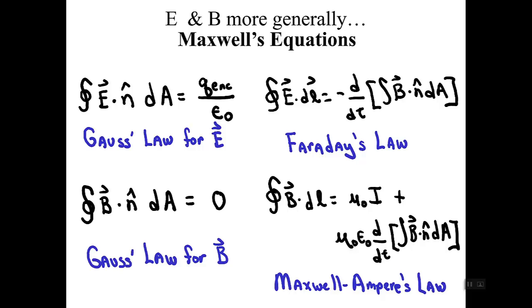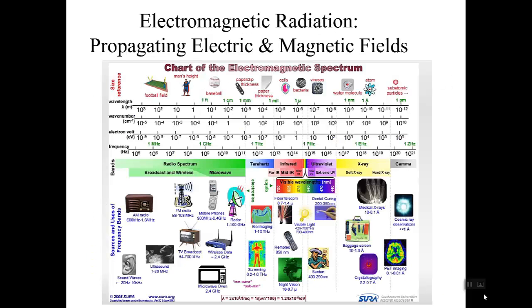One very, very important class of behaviors that we learn from Maxwell's equations that we have not yet discussed in this course is the way electric and magnetic fields can propagate, can travel through space. We have lots of experience with propagating electric and magnetic fields, which we call electromagnetic radiation.